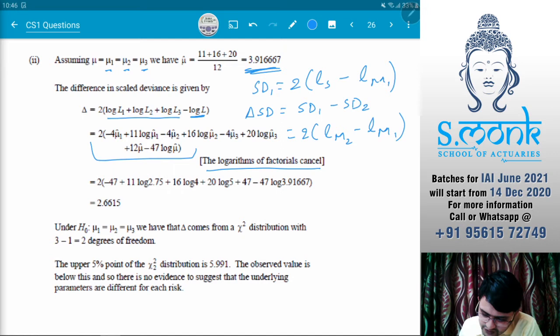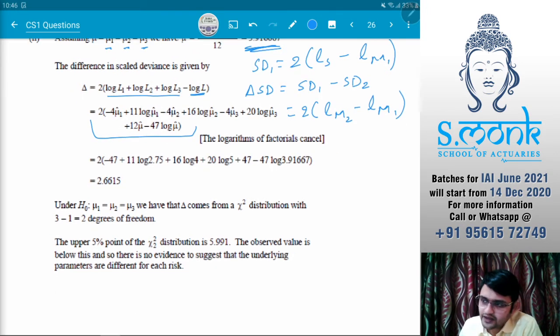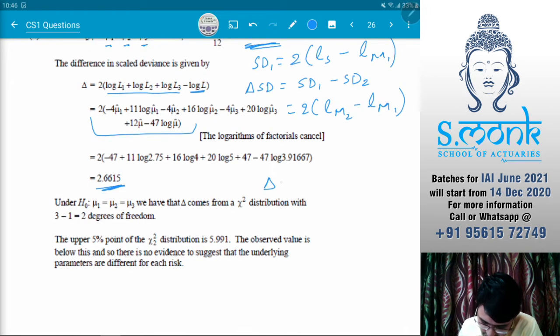Logarithms of factorials will cancel each other out. You can try it and you will get that they cancel each other out, and therefore this becomes the change in scale deviance.